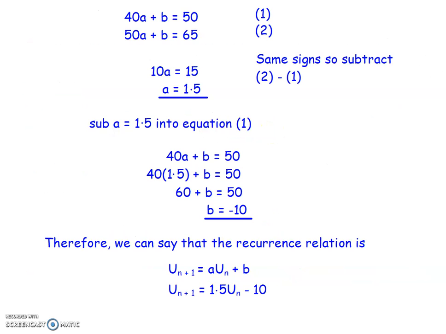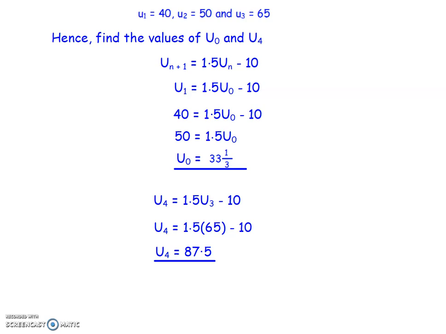So let's do that. First of all, we can find u0, because if we know the value of u1, we can find the value of u0, because 1 is the next term after the original term. So u1 is going to be equal to 1.5u0 - 10. I know the value of u1 is 40, so I can substitute 40 in here. So it's going to be 40 = 1.5u0 - 10.